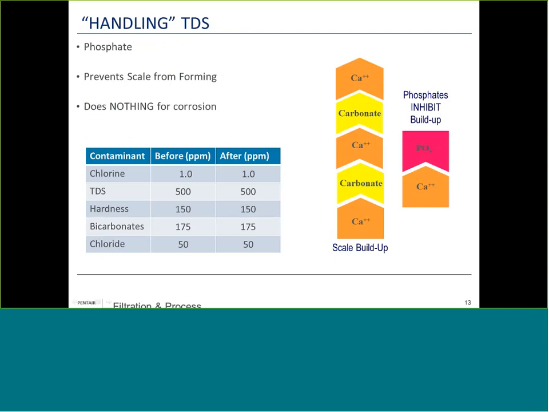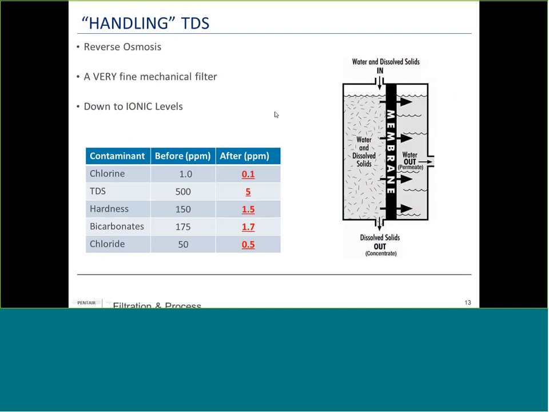And since pretty much all membranes in food service are thin film composite membranes, they all have a carbon filter in front of them to protect them, so you get a reduction in chlorine, a 90 to 95% reduction in TDS, an exact same proportional reduction in hardness and bicarbonates in the water, and chlorides as well. This is important for corrosion control because chlorides are the leading cause of corrosion in stainless steel and waters in the United States.